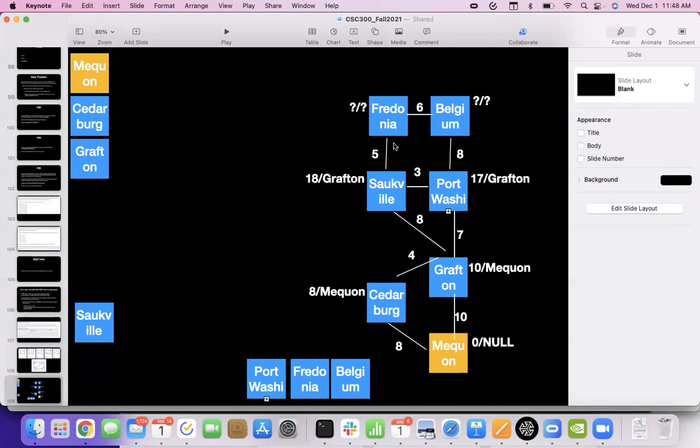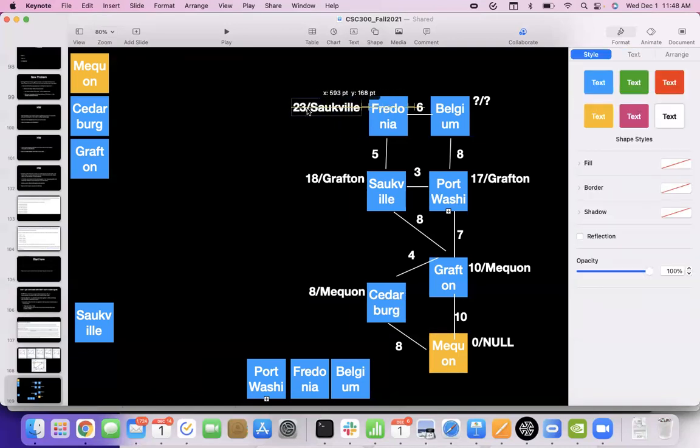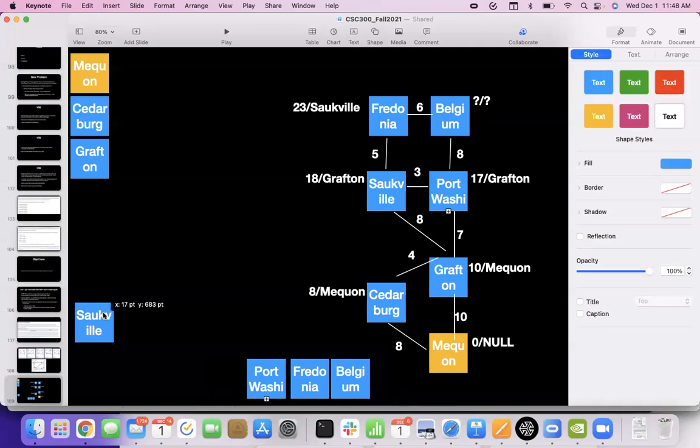We have 18 plus 5, which is 23. Is 23 less than infinity? It is. So this becomes a 23 by way of Saukville. Now we finished processing all of Saukville.